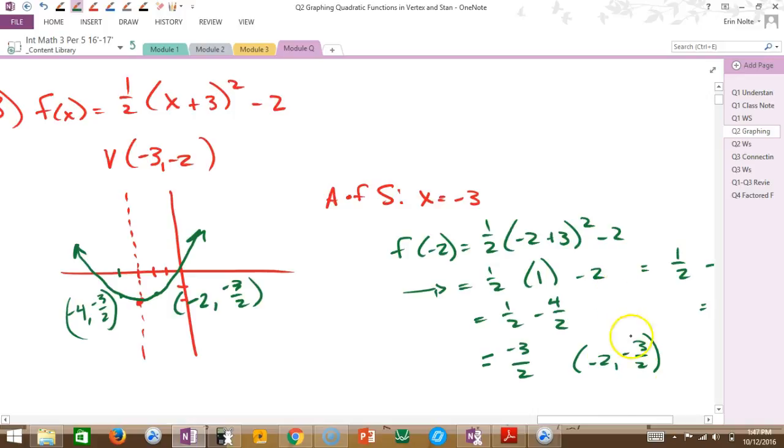If you plug in, these are points that are on the graph. So we just plot those points literally. You don't go up first. No, it's not a movement. It's just a point.